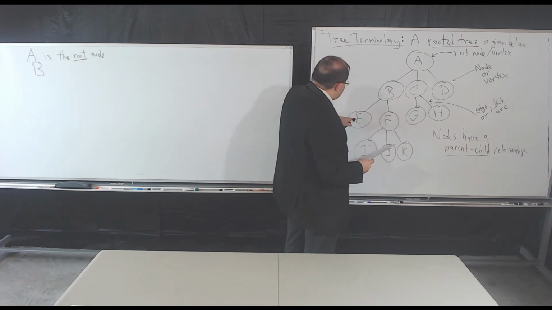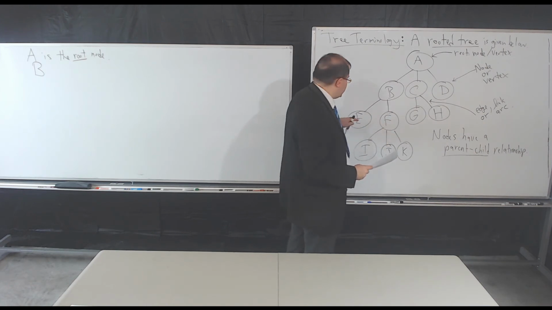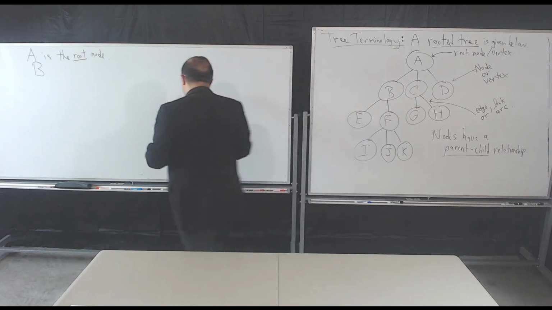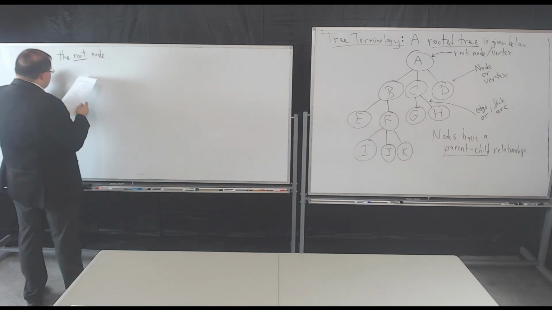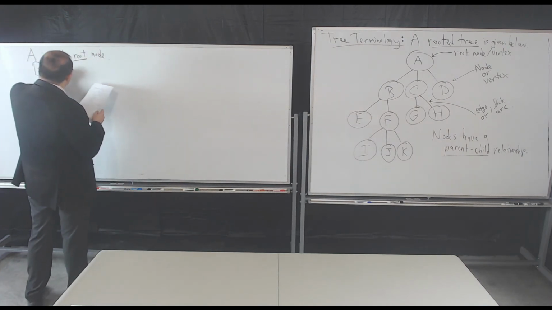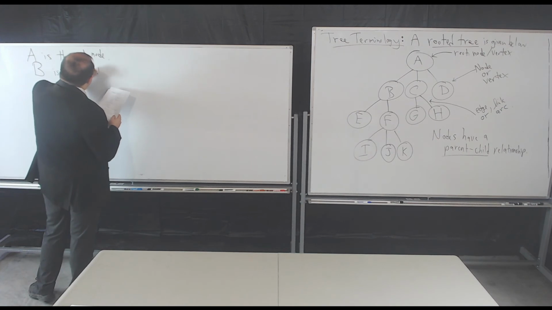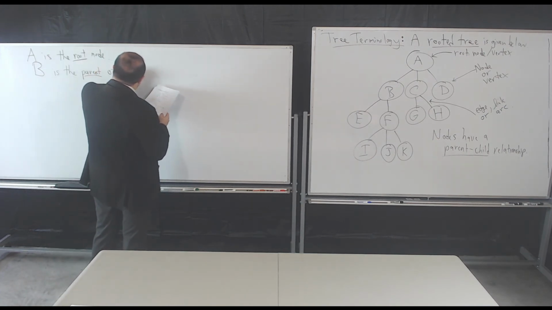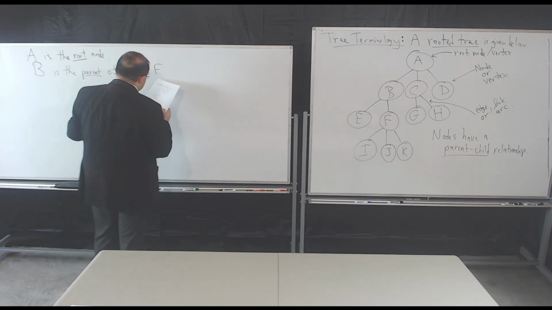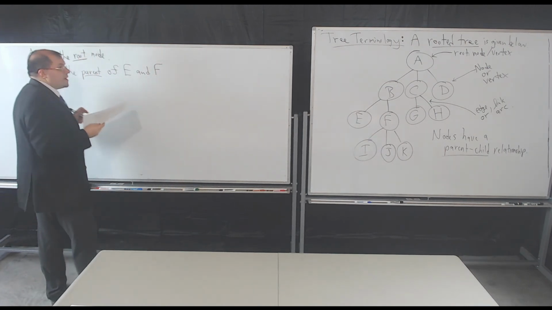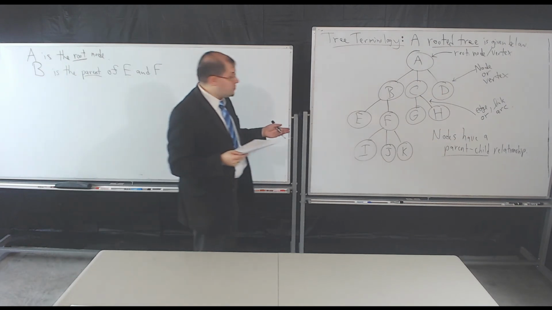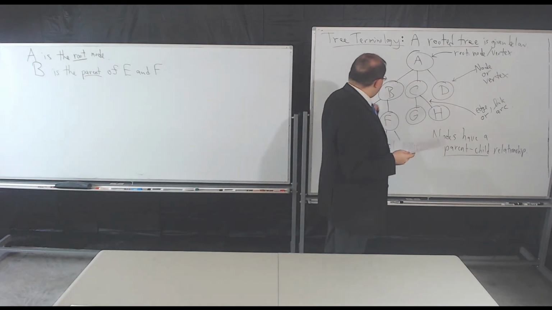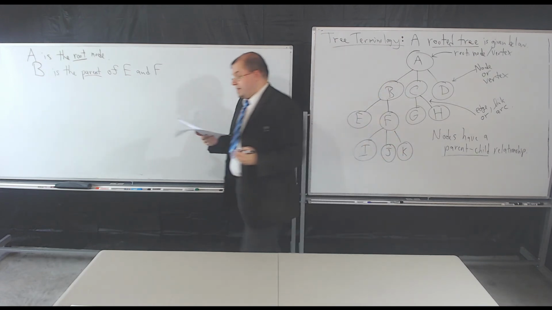So what does that mean? If E and F, whose parent are these in the parent-child relationship? It's B, right? So B is the parent of E and F. Now, oftentimes when you have two or more children that belong to the same parent, we call these siblings.